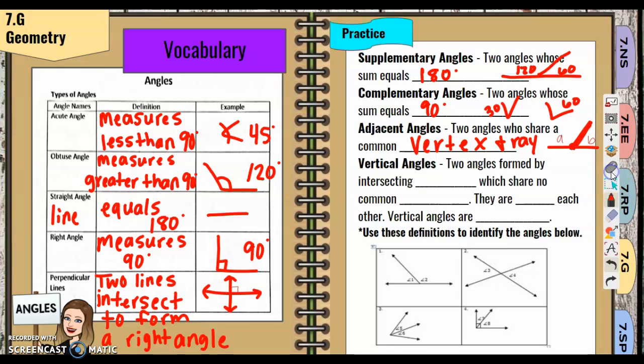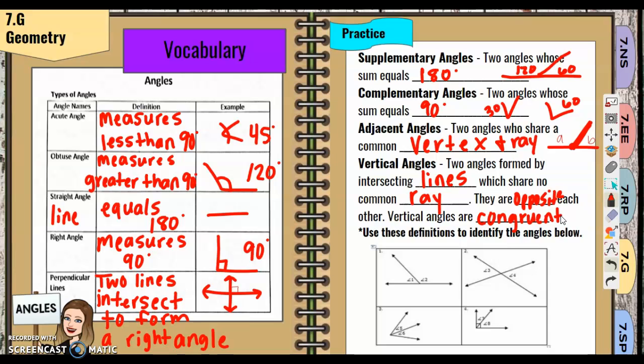Vertical angles are two angles formed by intersecting lines which share no common ray. They are opposites of each other, and they are congruent. What does congruent mean? Well, if we think about the word congruent, that means they are equal to each other.